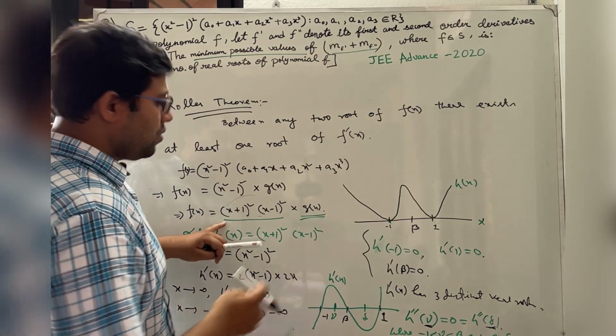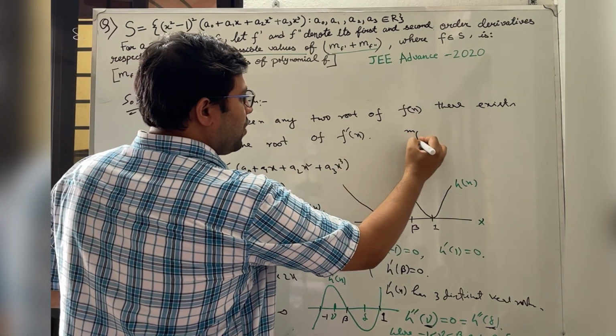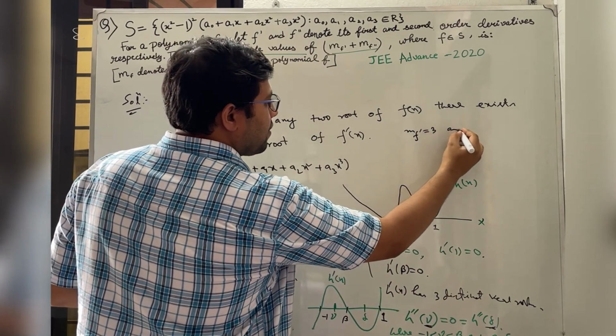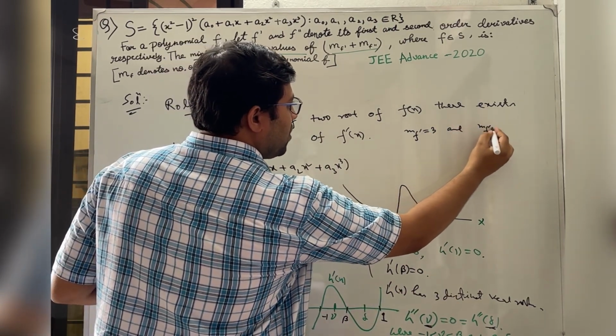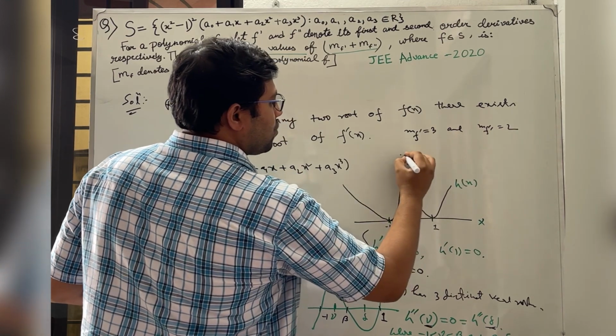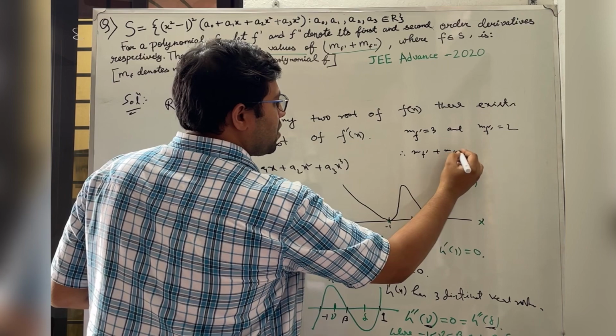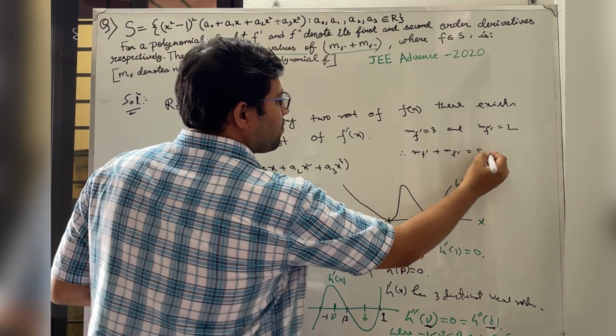So m f dash will be 3 and m f double dash will be 2. So the minimum value of m f dash plus m f double dash will be 5.